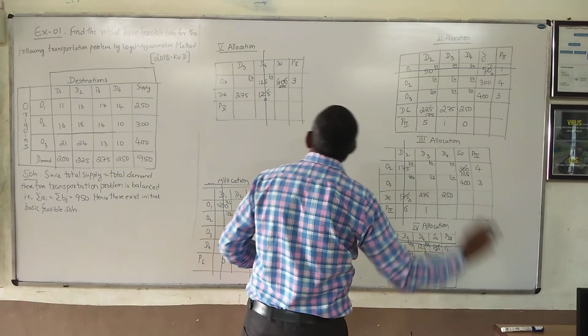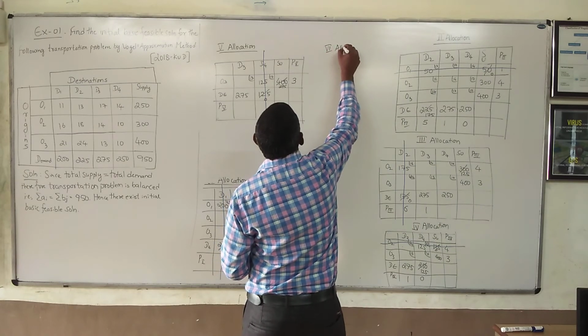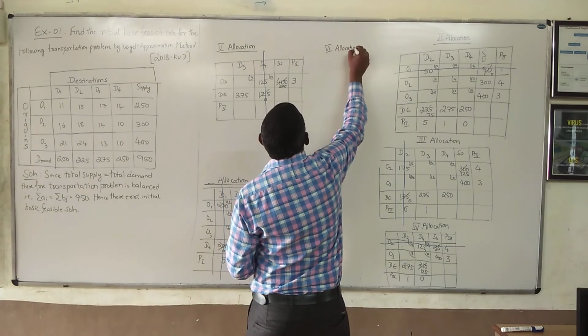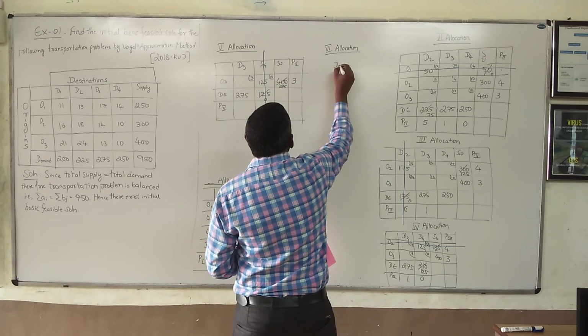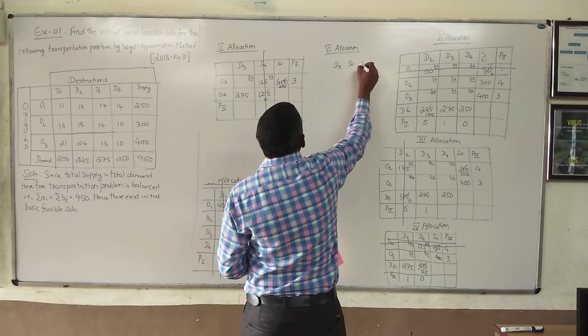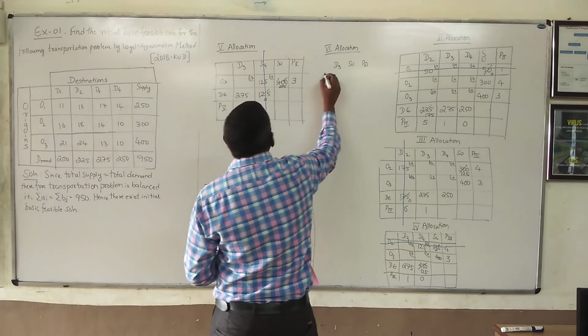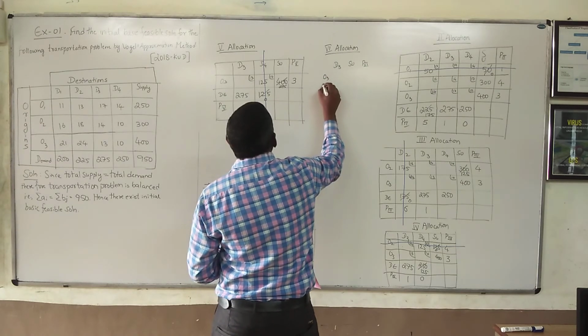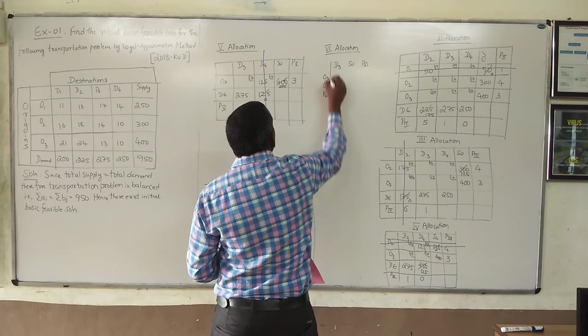And we go for the sixth allocation, where we are with one column, one row. That is D3 supply, P6. Then we are left with O3 demand, P6.